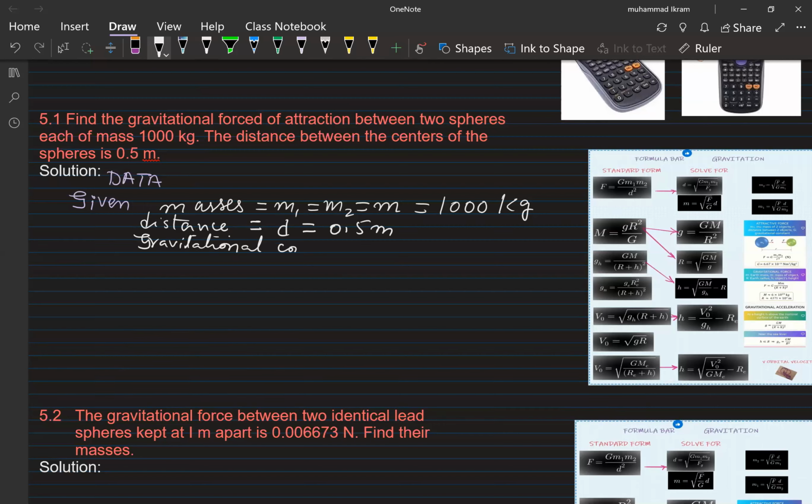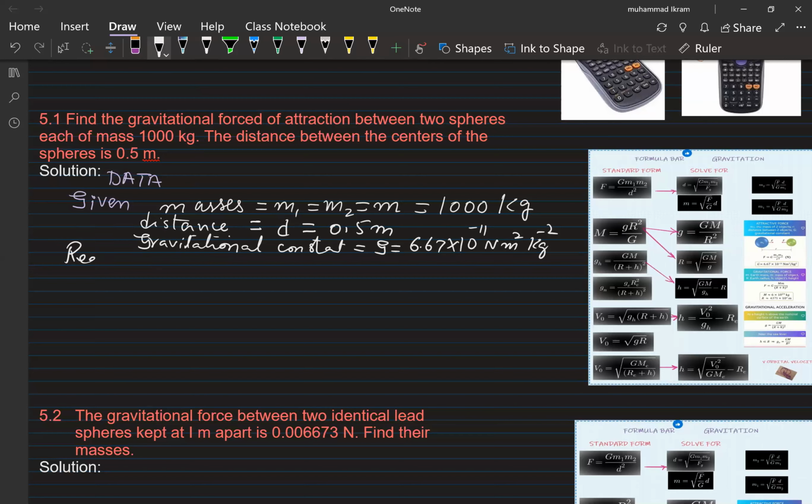It is not given. Now, what is required from us? Required is the gravitational force between them.